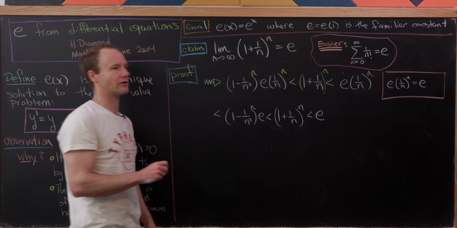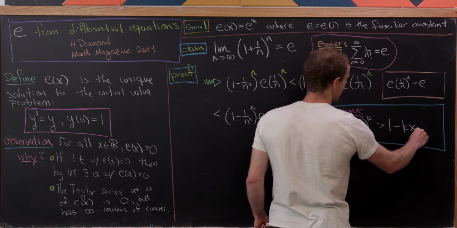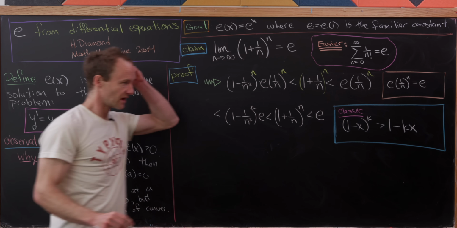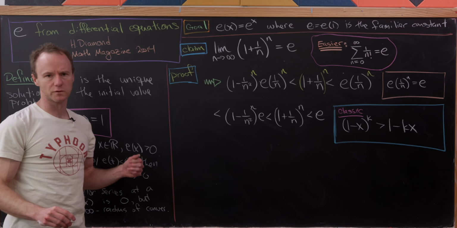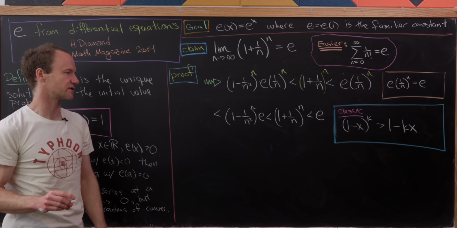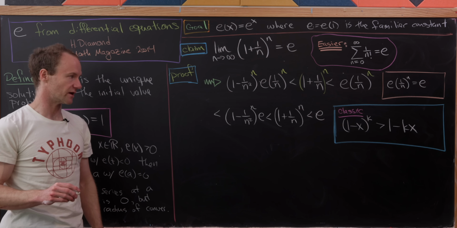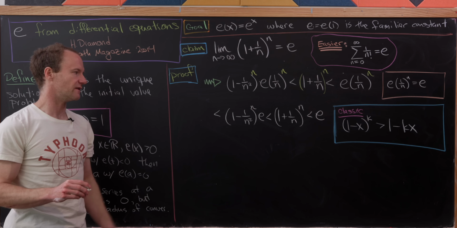And that is that 1 minus x raised to the k power is in fact bigger than 1 minus k times x. There are some rules about x, but maybe as a nice exercise for yourself, you can look at what values of x this works with and observe that we're in that setup here.